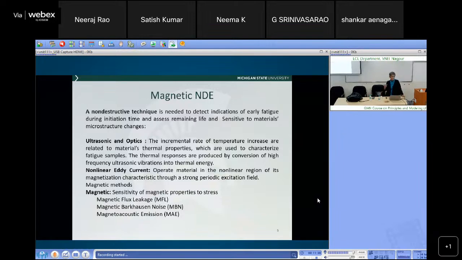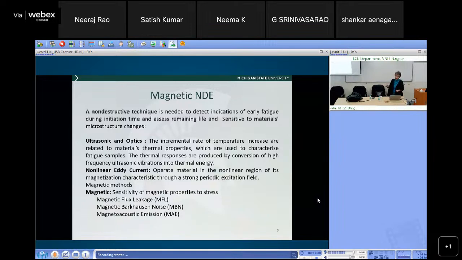One of the techniques we are using is ultrasonic. It's a combination of ultrasonics and optics. When you use ultrasound, the ultrasonic wave sets the particles in vibration, and that changes the thermal properties of the material.